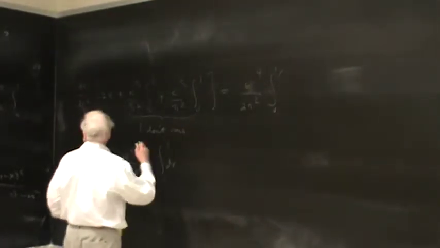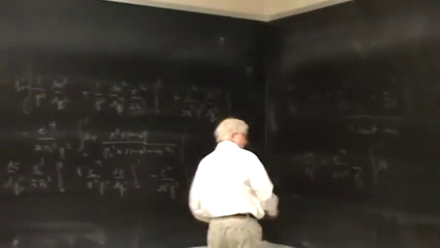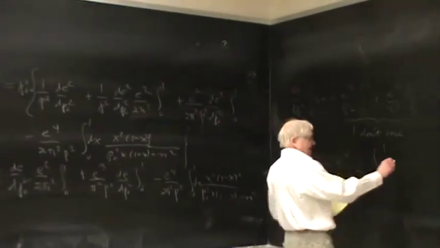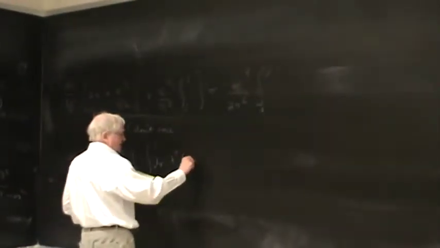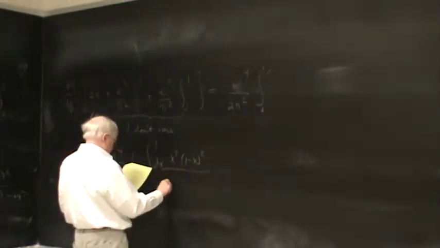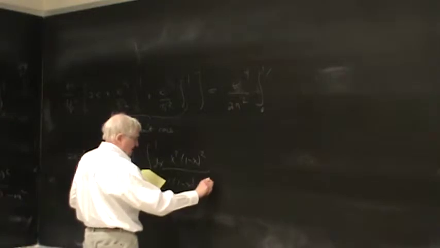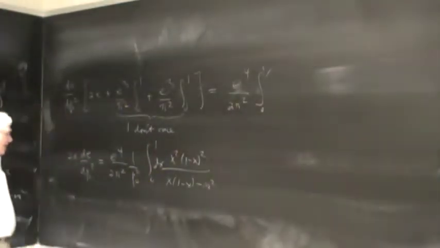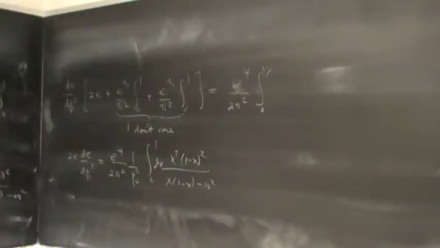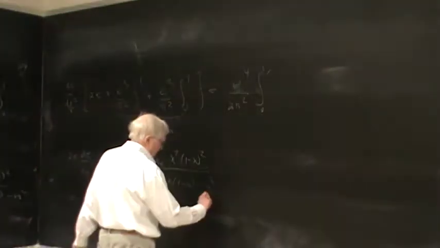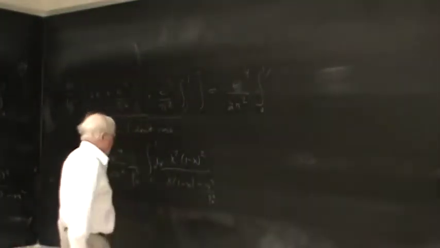And I've pulled this p0 squared out, and what we have left is x squared over 1 minus x squared over x 1 minus x minus m squared. And, oops, well, it's actually m squared over p0 squared.